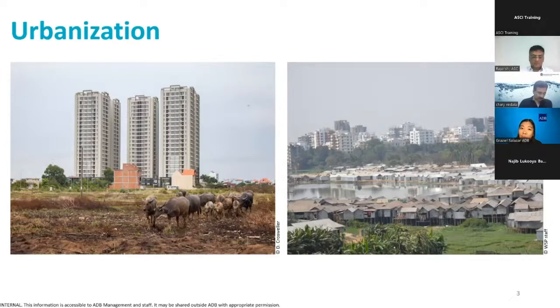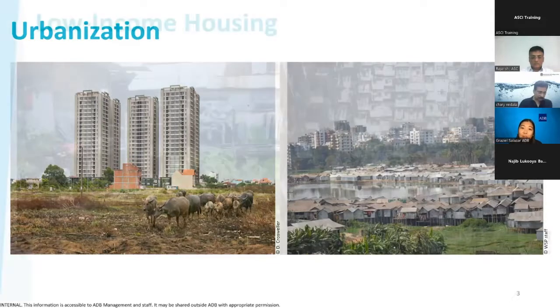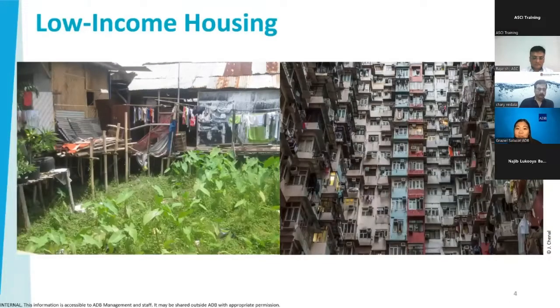The type of housing also varies, as seen in the next slide, depending on geography, access to land, history, climate, income levels, and culture. This wide range of physical and socioeconomic conditions in different parts of the city means that there is no one size that fits all situations.